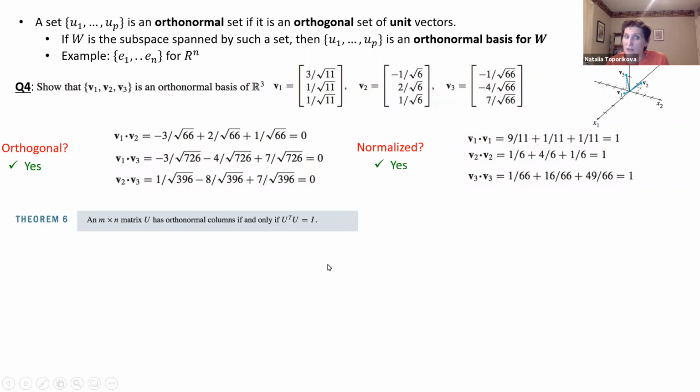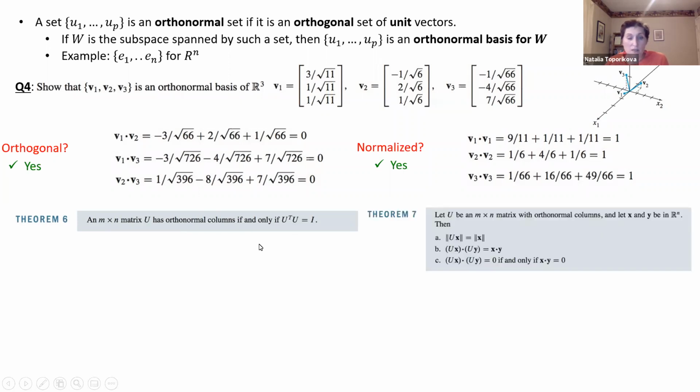That's very interesting, unique, and highly unusual in the matrix world. But it's not the only interesting property. For example, if we multiply our orthonormal matrix U by the vector x, then we should get the same length as the vector x itself.